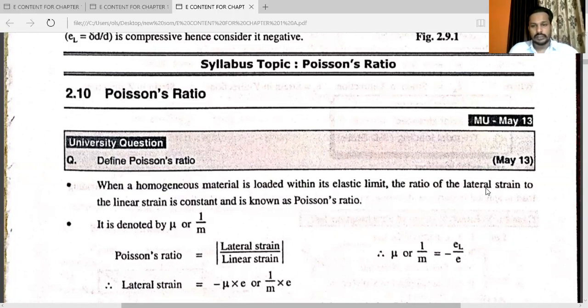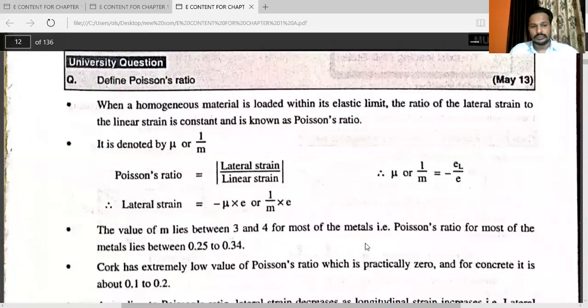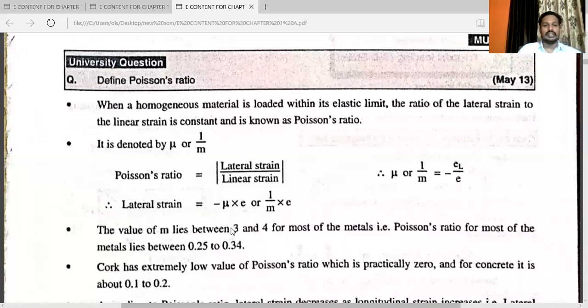So e_L upon e, the lateral strain, is equal to minus mu into e, or minus 1 upon m into e.